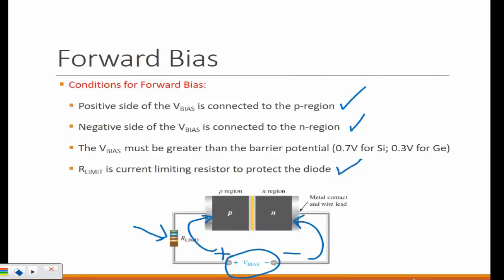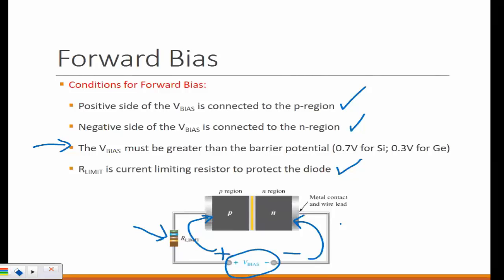Remember that the bias voltage must be greater than whatever the barrier potential is. For silicon, it's 0.7 volts. For germanium, 0.3 volts. Unless otherwise specified, we always use silicon. For example, if you see a circuit that doesn't tell you whether it is silicon or germanium, by default it is silicon.